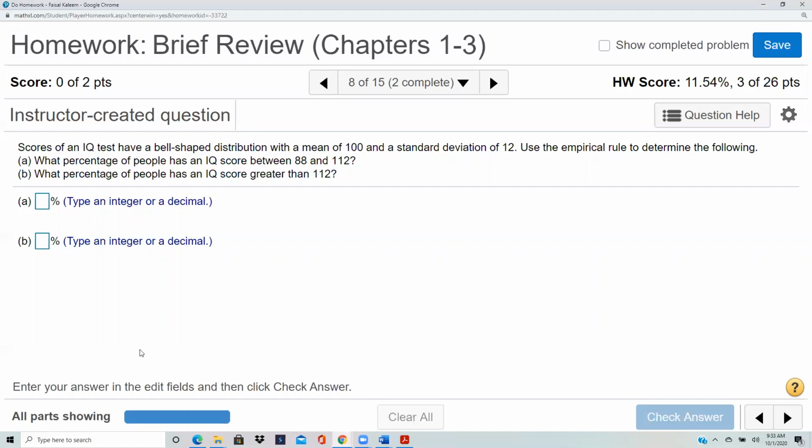Now you have to know what percent is supposed to go with 1, which is 68%. And these are also the 3 numbers that you have to remember. Are you good at remembering numbers? I'll have to make some note cards.